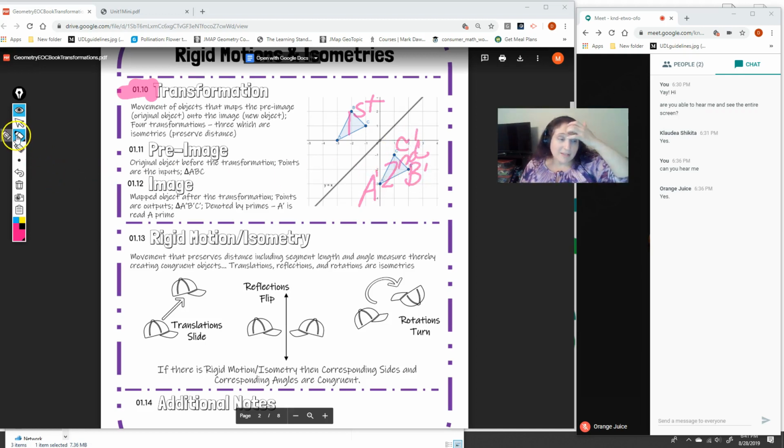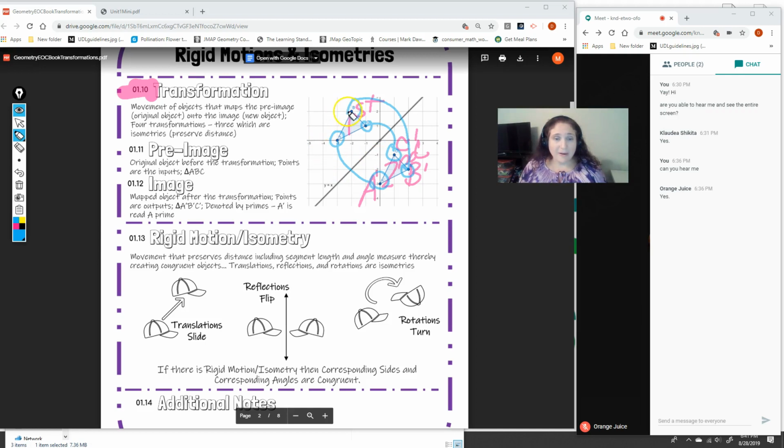Now, some important things to remember is that they are also corresponding. So what I mean by that is that A maps to A prime, B maps to B prime, and C maps to C prime.